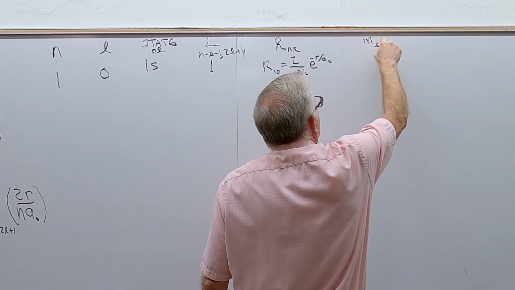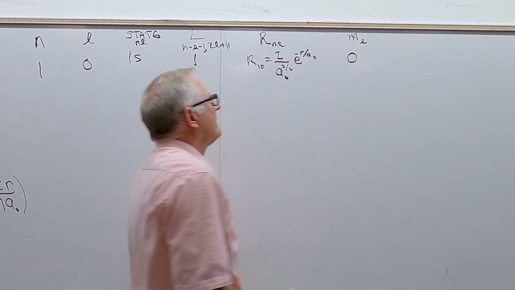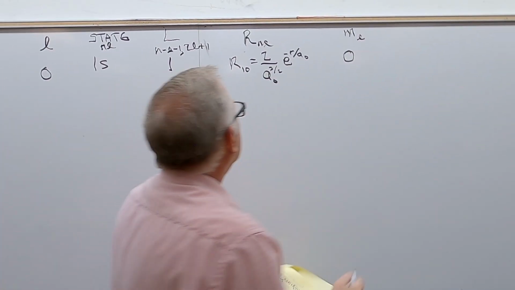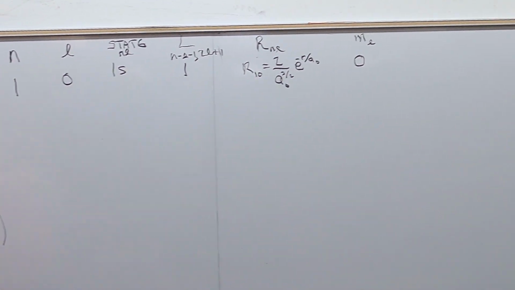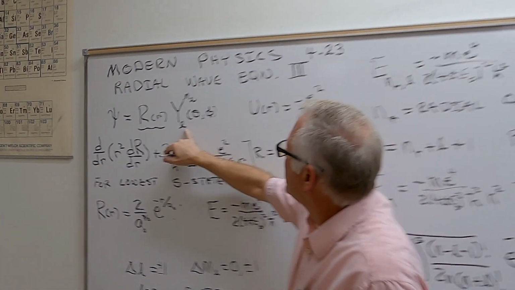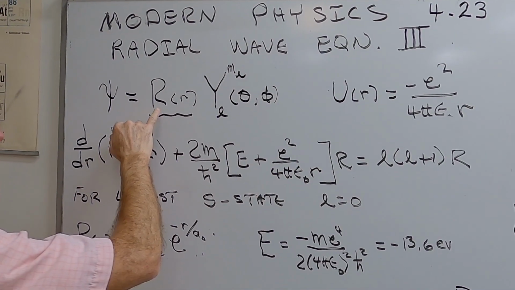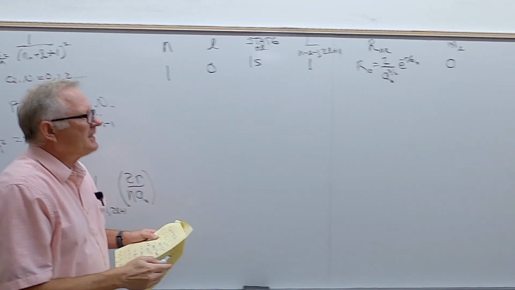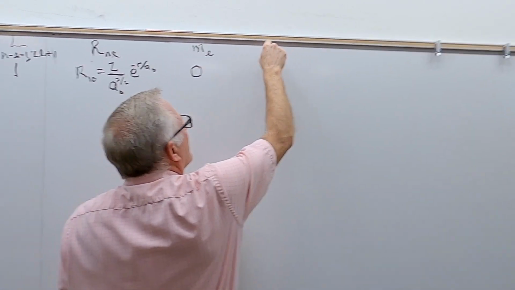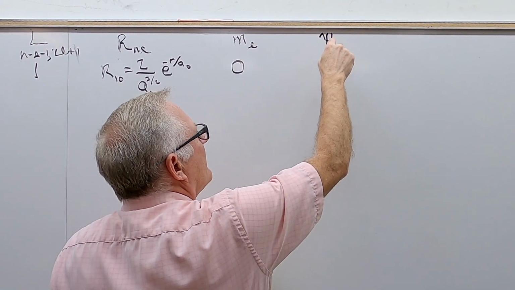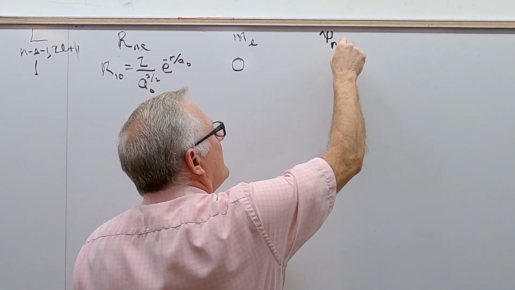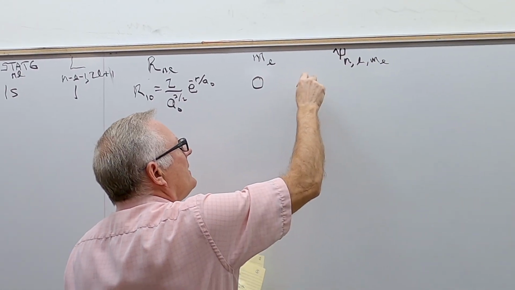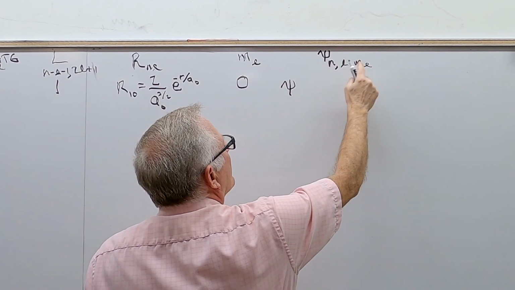This is everything m sub l can be, and it can only be 0. And then we can say, okay, then what's your full psi? This would be 0, 0, and this would be 1, 0. So my psi now is actually going to be a function of three quantum numbers, n, l, m sub l. So in this case, it's just going to be psi of 1, 0, 0.